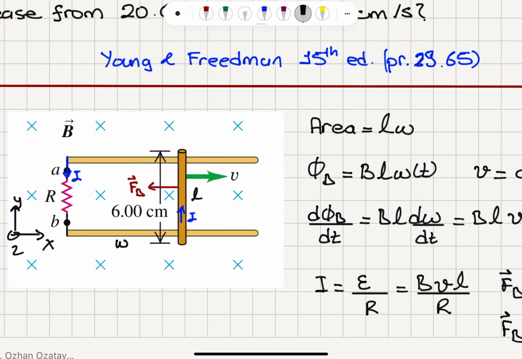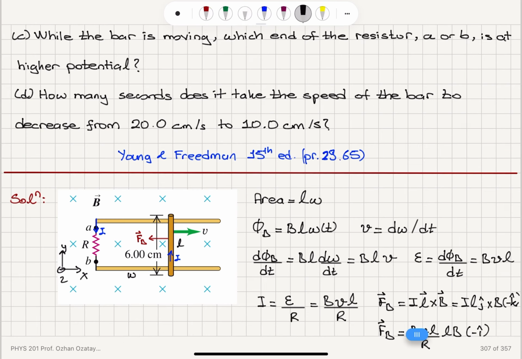You can see here with the right hand, the four fingers point in the j hat direction, curl towards minus k hat, and the thumb points in the minus i hat direction. So that's the force opposing the motion of this bar.